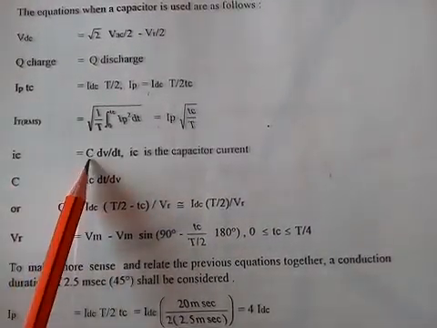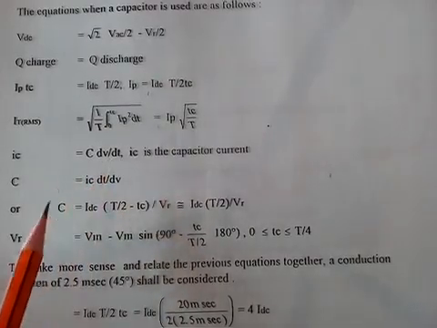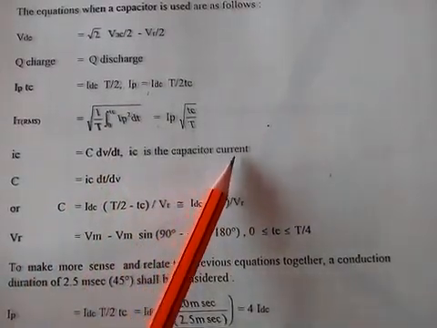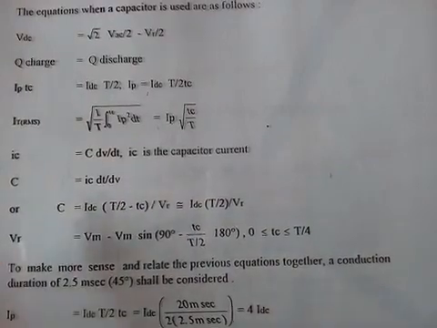IC equals C dV by dt, with IC being the capacitor current.